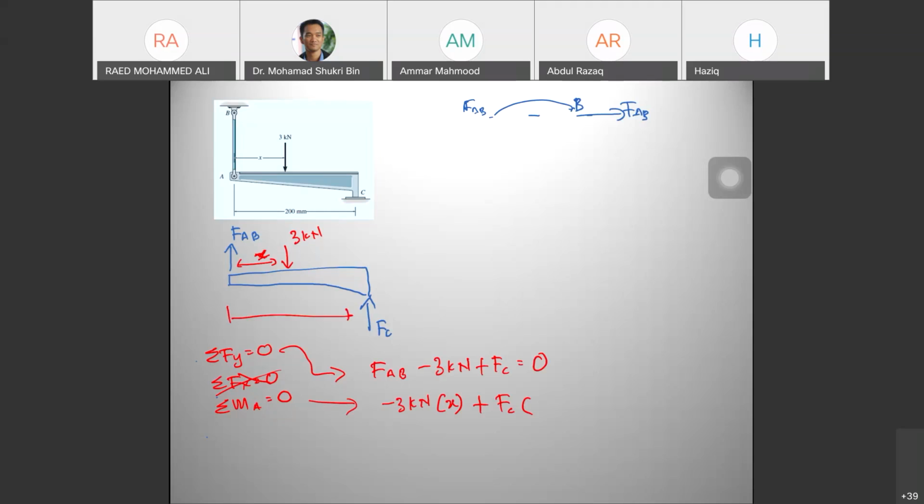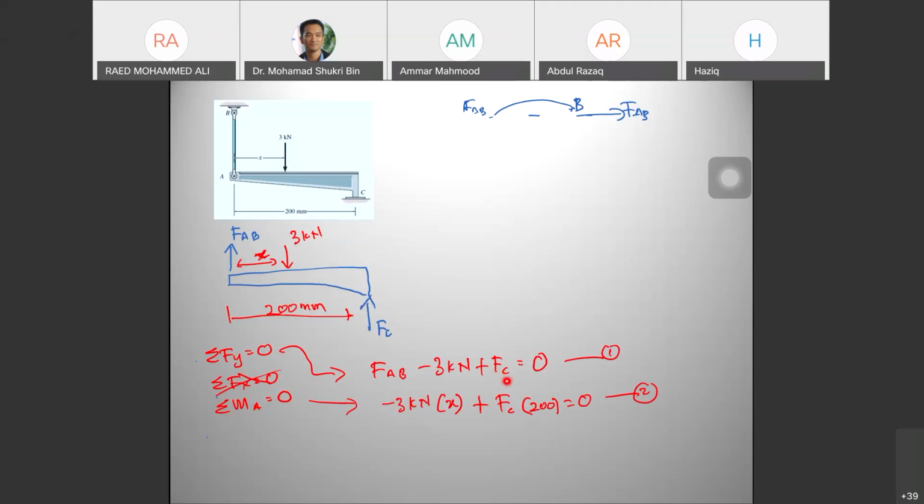Distance here is 200 mm. Alright, so 200 mm. Positive because it's counterclockwise. So this one is also 0. So this is equation number 1, equation number 2. 1, 2, 3. See? Okay, you have 3 equations.